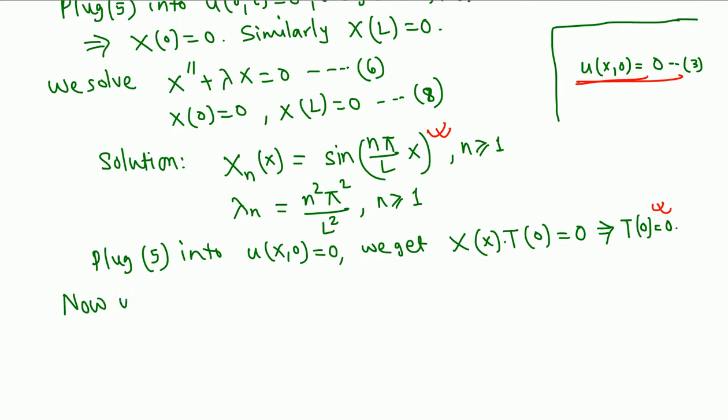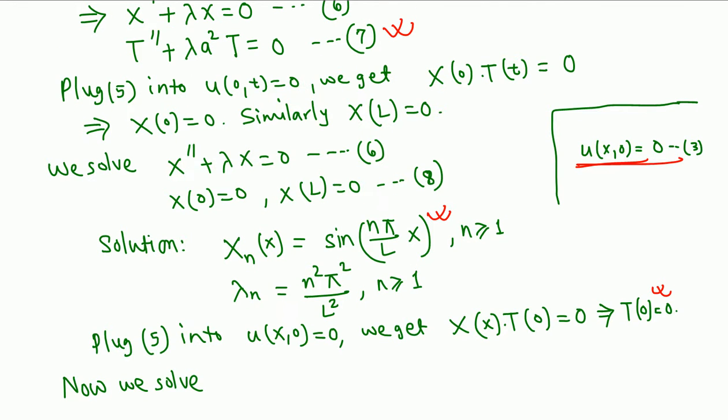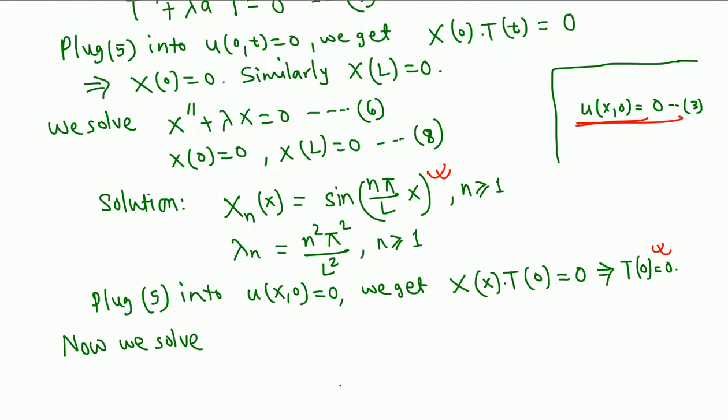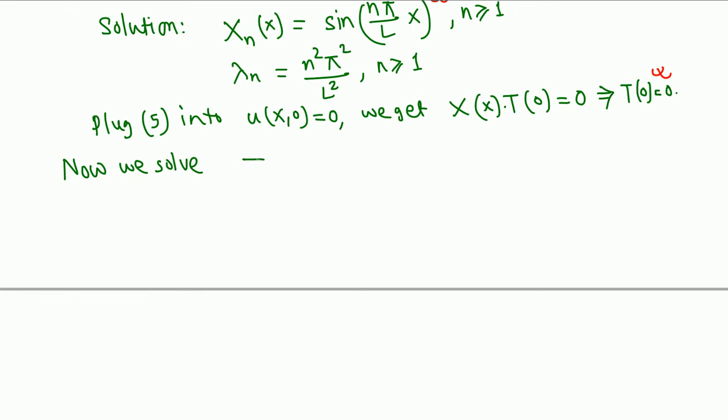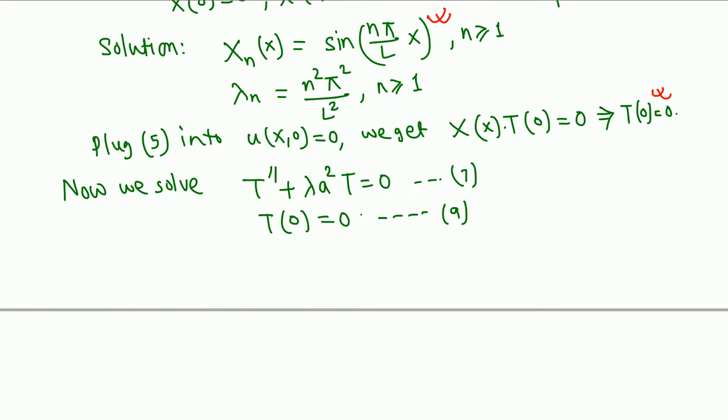Now we solve equation 7, which is T double prime plus lambda a squared T equals 0. That's 7 for this initial condition T at 0 equals 0. Okay, so let's solve it. Let's say this is 9. Now this is a second order ordinary differential equation. To solve 7, we find the characteristic equation.